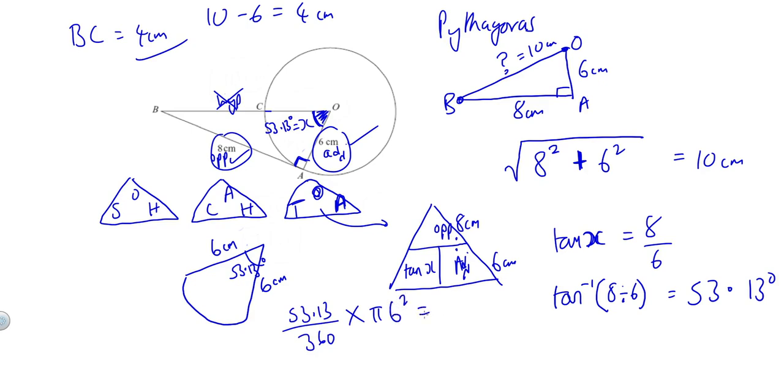So I'm going to do that on my calculator. Use a fraction button. I've decided to use the pi button on my calculator. Right, if I just round it to one decimal place, I'll get 16.7 centimeters squared. That's the area of this sector over here.